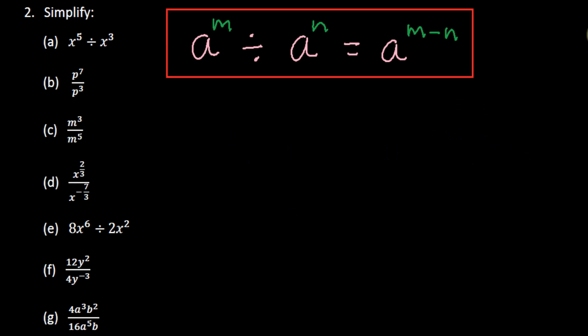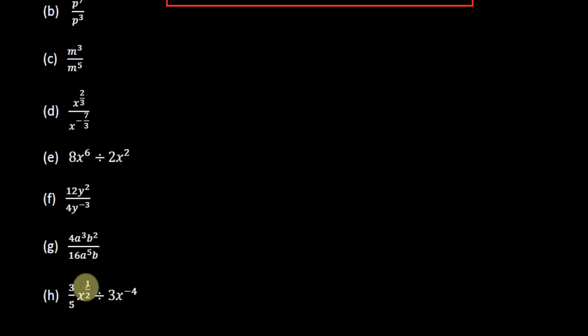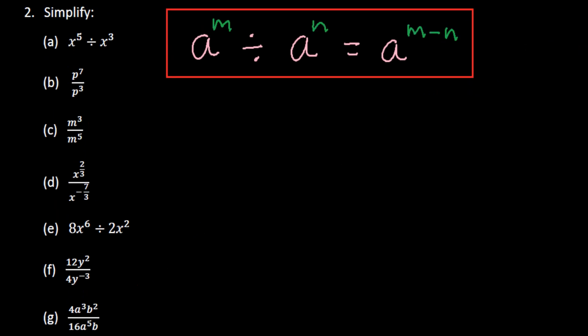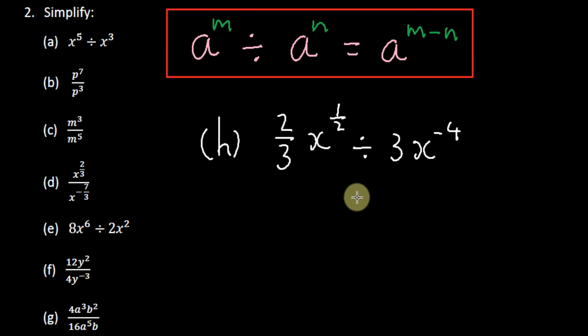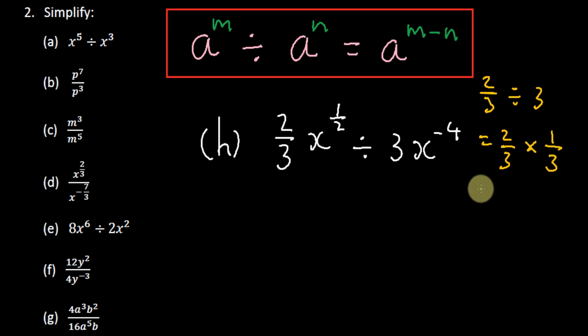Let's look at h. So we have 3/5 x to the half divided by 3x to the negative 4. So once again, we can start by dividing the numbers. Now, we know that 2/3 divided by 3 is the same as 2/3 multiplied by 1 over 3. And this, of course, is 2 over 9.